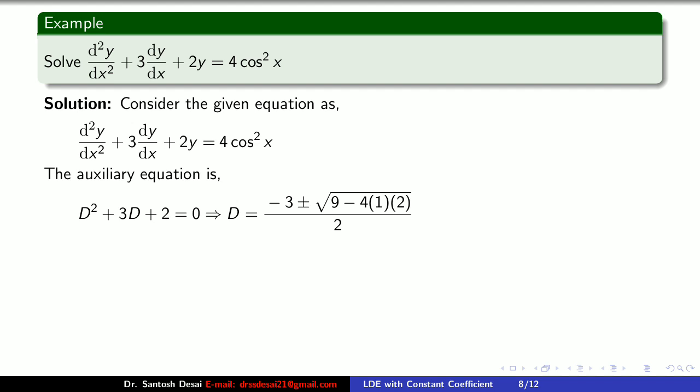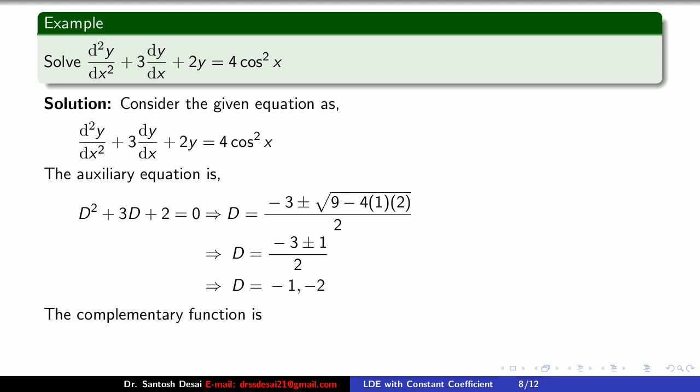Now if you simplify the square root term, it is 9 minus 8, it is 1, square root of 1 is 1. So D is equal to minus 3 plus minus 1 divided by 2. So taking plus and minus, we get D is equal to minus 1 and minus 2.